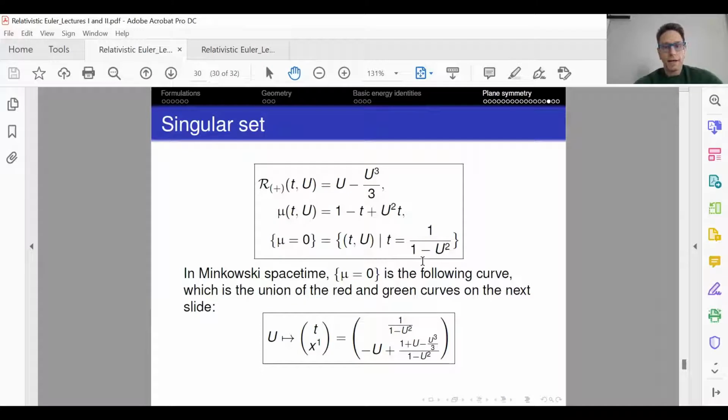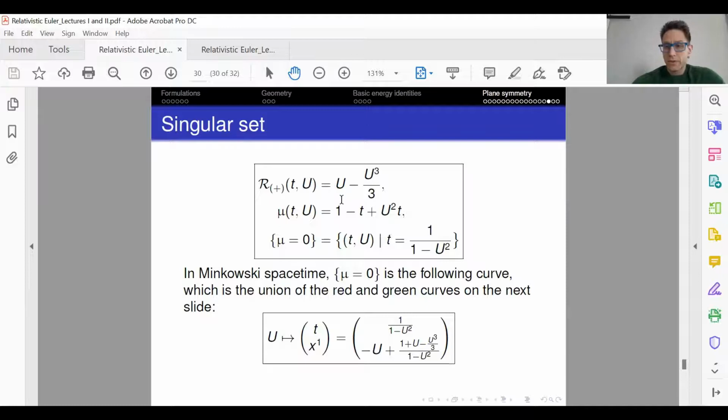Okay, and the way we're thinking in this setup is that T and x1, so these rectangular coordinates, if you want, can be expressed as functions of T and U. So in other words, you can do the change of variables. You can go from TU space to TX1 space. And you can try to make sense of this curve, mu equals 0, in TX1 space.